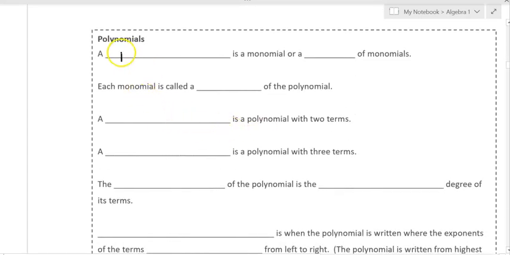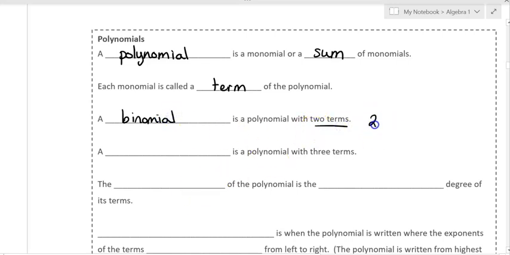Let's learn some more. A polynomial, poly means multiple, is a monomial or sometimes a sum of monomials. So it can be like adding or subtracting. So every single monomial is called a term of the polynomial. So if you have a binomial, think about a bicycle with 2 wheels. It has 2 terms.